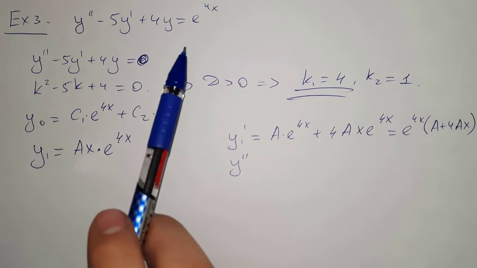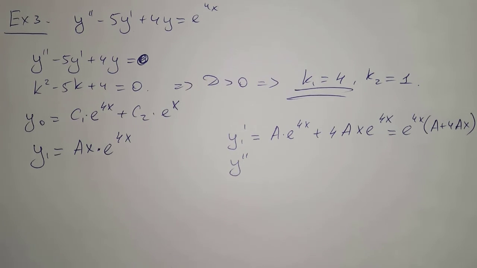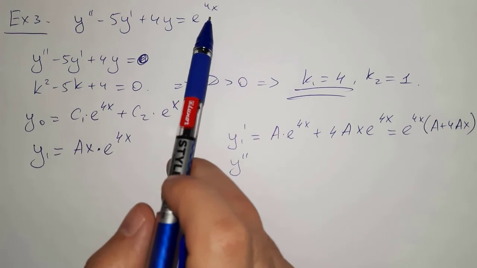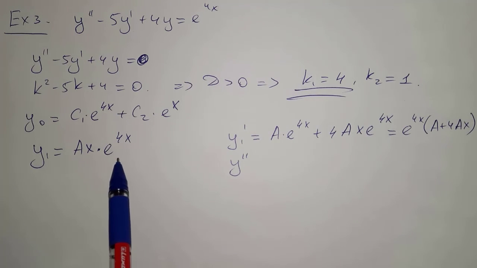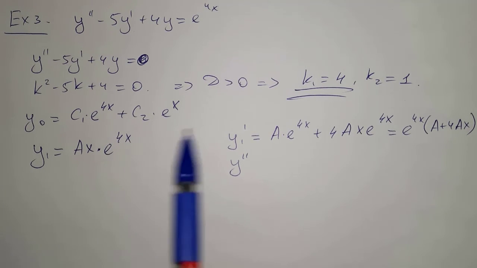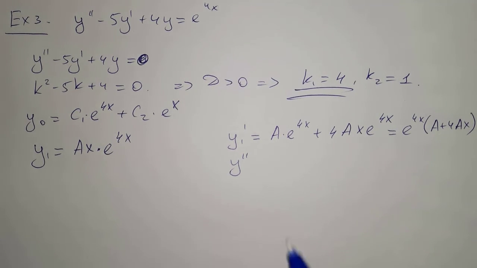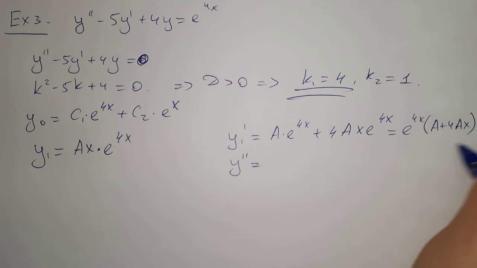Again, the form of the particular solution depends on our right side. If it is with e to the power of x, it will be with e to the power of x.